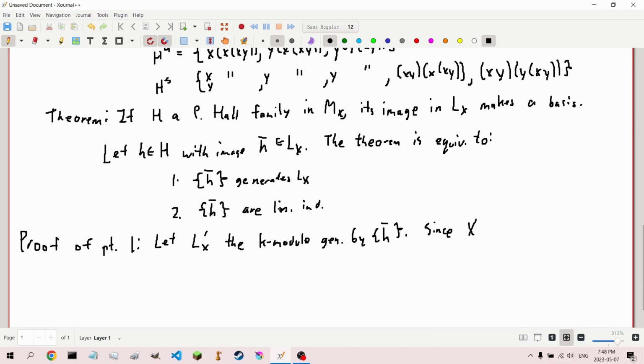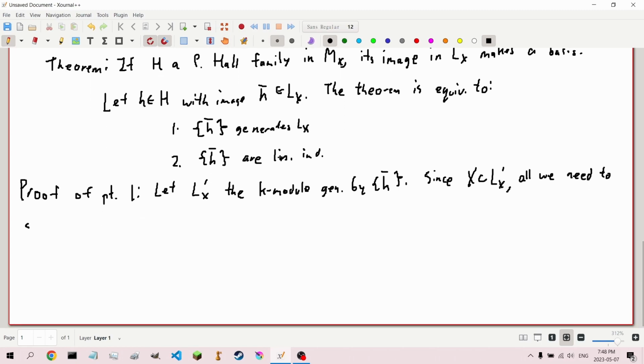Since X is in L_X because it's in H, all we need to show is that L_X prime is a Lie algebra.